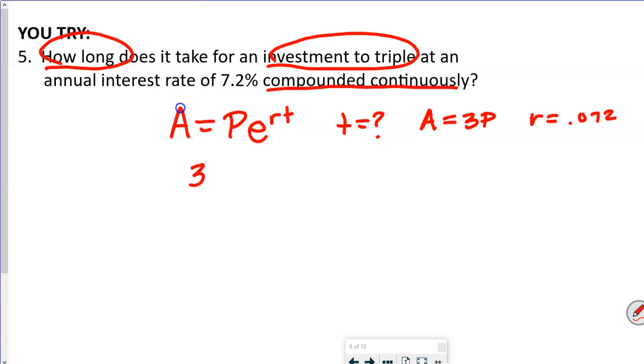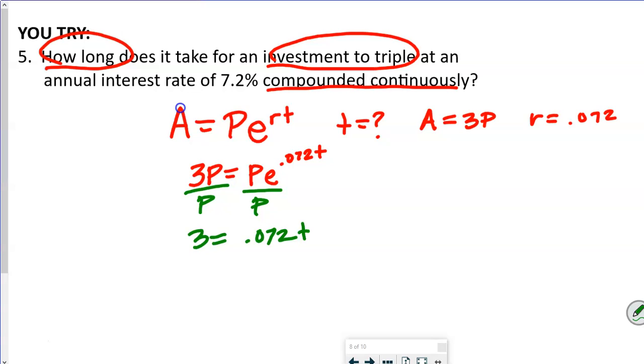So this time we've got 3P is equal to P e to the 0.072t power. So once again, we're going to divide both sides by P. That's going to give us 3 equals e to the 0.072t power. Now how do we get rid of an e?